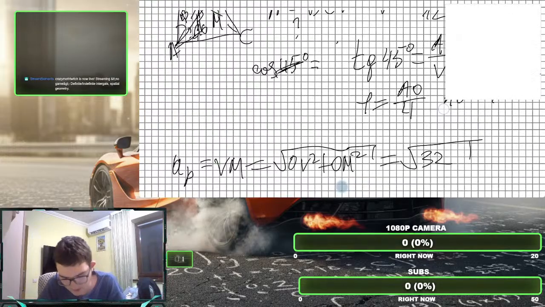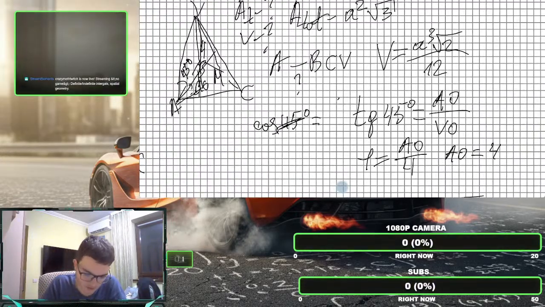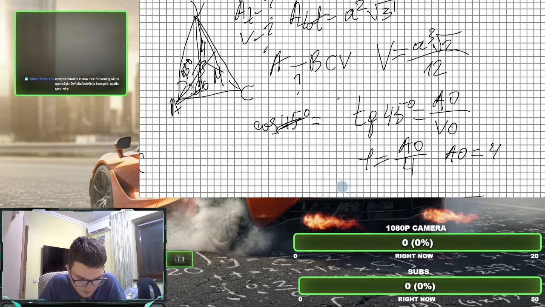So, why is it OV at the second power plus OM at the second power? Okay. Actually, in this drawing is a bit different. OM is like, you don't even know it. But in my drawing, actually, OM is like AO. So it's 4. And BO is the height. So it's also 4.